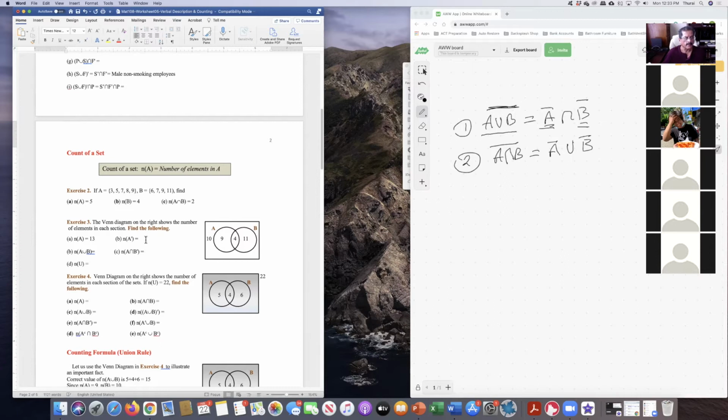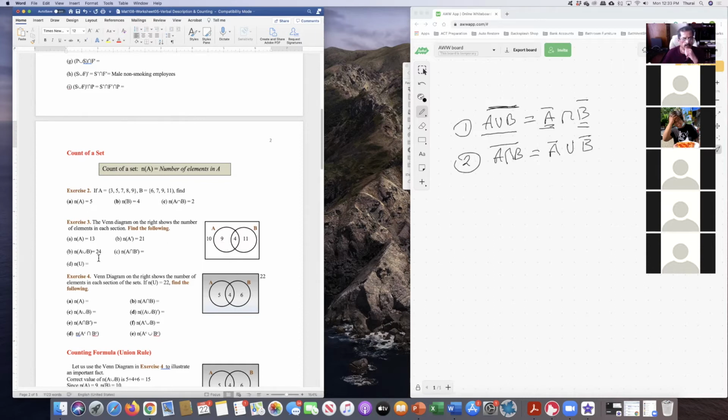Count of A prime. 21. 21 is right. You had to count the 11 and the 10. They're all outside of A. Count of A union B. 24. 24 is right. If anybody's not following, please interrupt and ask a question.